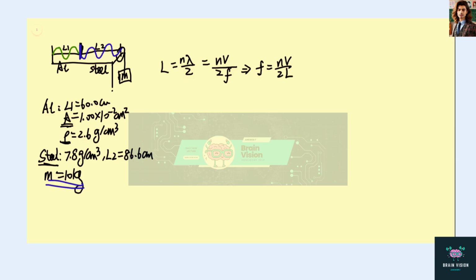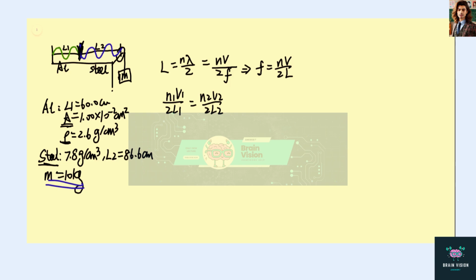It's a joint. It has to be a continuous point. It can only have one motion at this joint. So because of that, the left and right have the same periods. They have to have the same oscillating frequency. So what that means is n1V1 over 2L1 has to equal n2V2 over 2L2. This is a boundary condition we have between the aluminum string and the steel string.